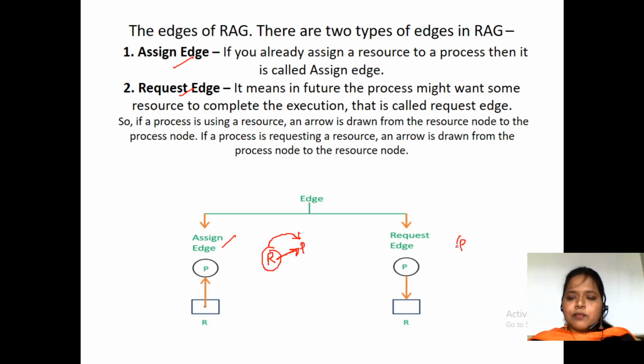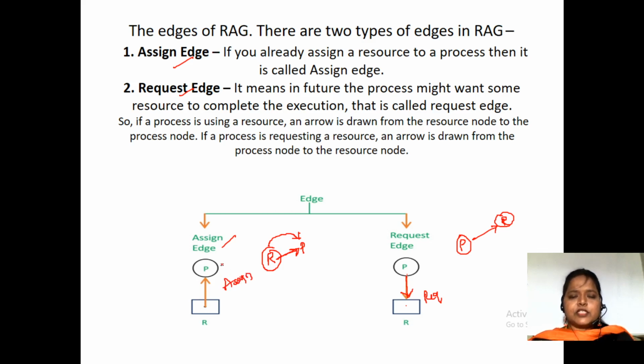When a process is requesting a resource, we call it a requesting edge. From the process towards the resource is a requesting edge, and from the resource towards the process is an assignment edge.